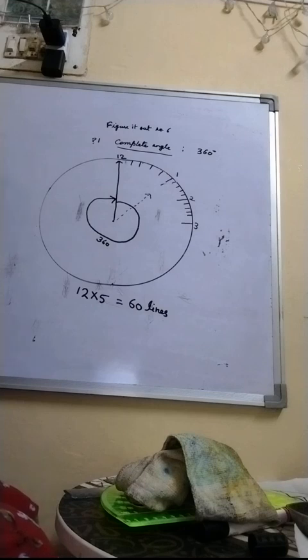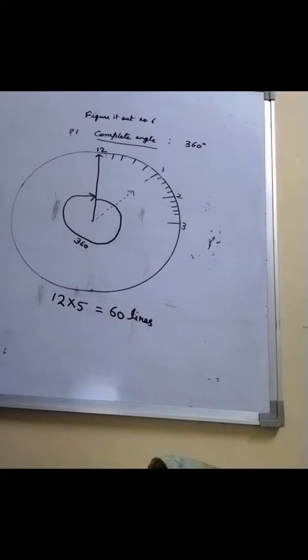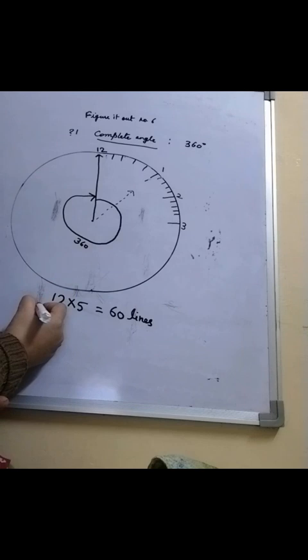Okay, so 60 lines are there. Now what would be the measure of each line then?